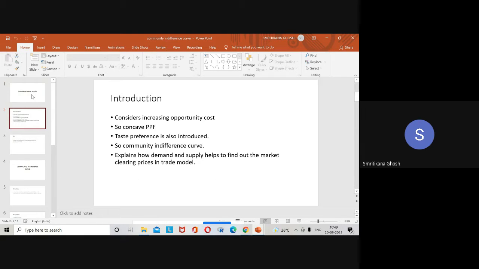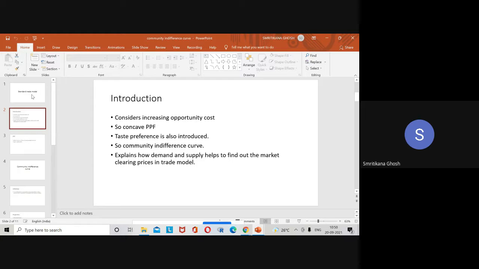Standard trade model, actually, look, this trade model is not given by Ricardo, not given by Heckscher-Ohlin. Okay, this is just a standard trade model. It is trying to explain the reality a little bit more lucidly as compared to Ricardo.